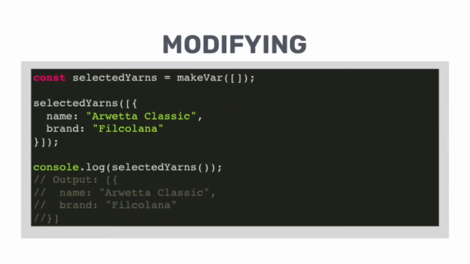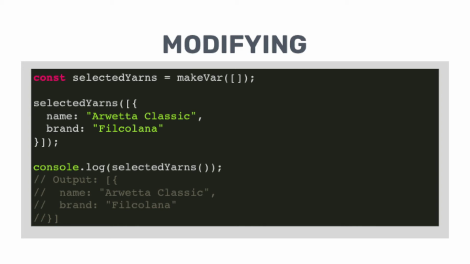For modifying, we would just pass the data we want to put into the reactive variable as a parameter. So here's an example where we first initialize the selectedYarns reactive variable as an empty array, and then we set its value to an array with one object that has the information about the yarn.